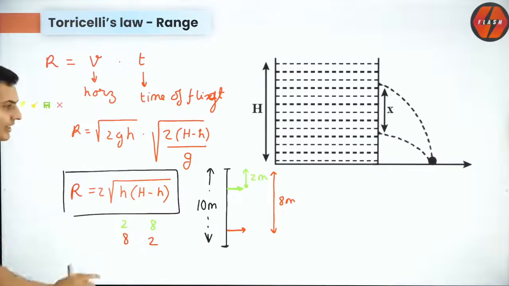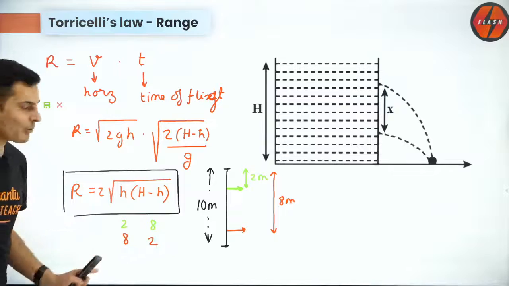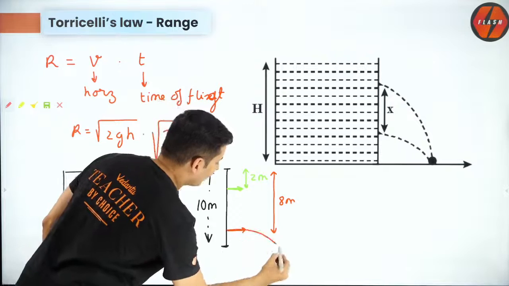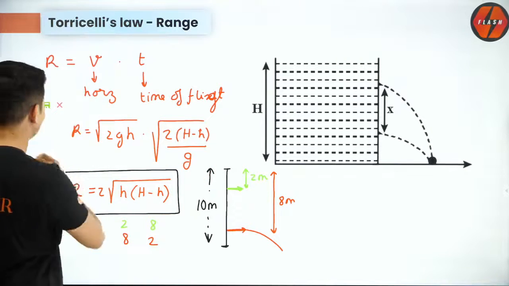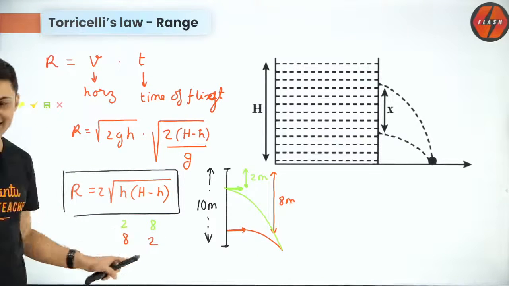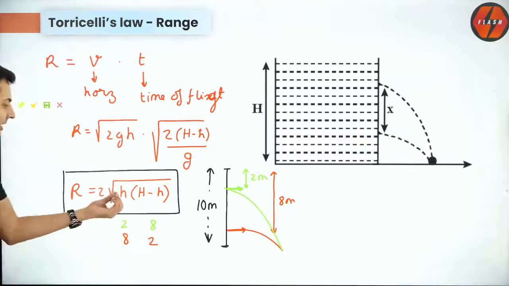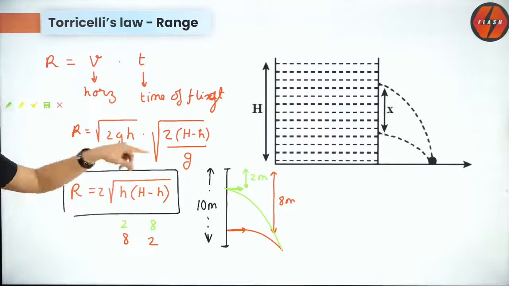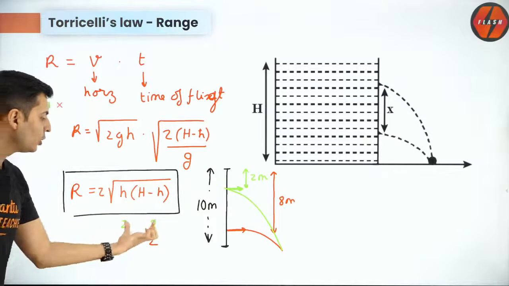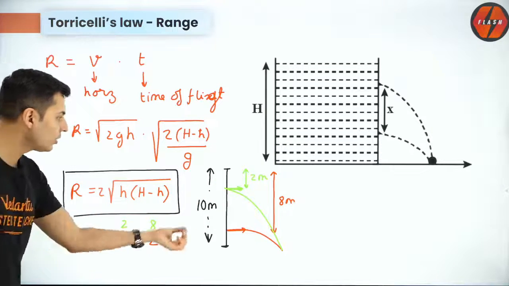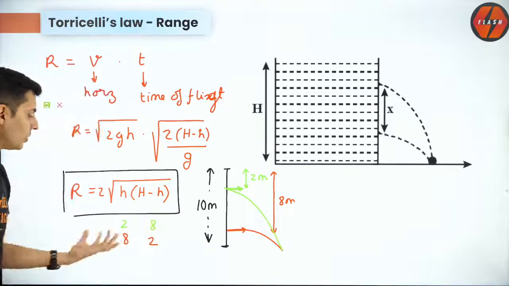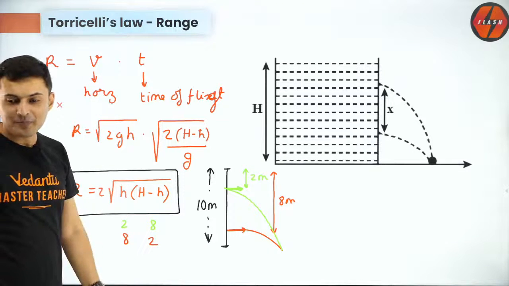But what will happen to their product? Their product will be the same. What does it mean? The range will be the same, guys. Both of them will fall at the same point. Very important thing. Remember, small h is always measured from the top. So 2 into (10 minus 2) is 2 into 8, which is the same as 8 into 2. So if you drill a hole 8 meters from the top, 8 into 2 is the same as 2 into 8, one and the same thing. Understood?